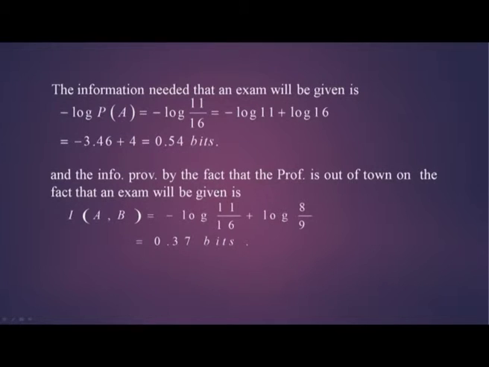Here A is the event that an exam is given and B is the event that professor is out of town.